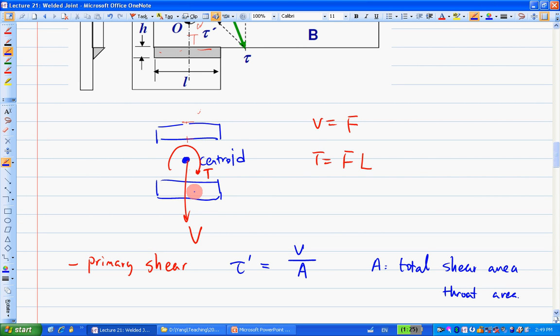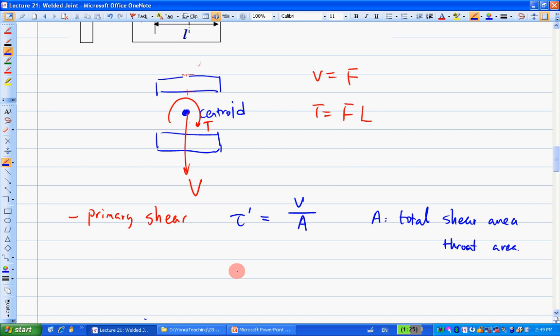So your shear stress due to the T is still TR over J. We call this the secondary shear.